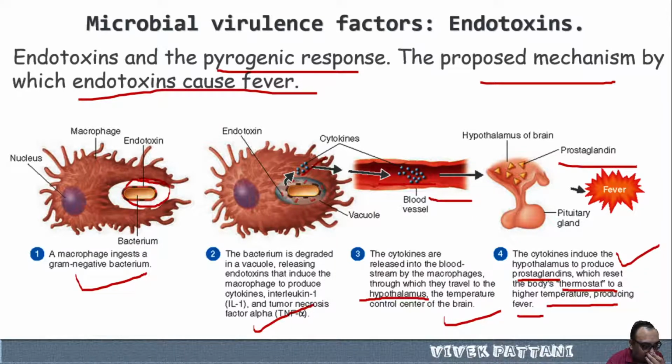It has multiple activities based on its ability to damage cell membranes. For example, it is a hemolysin, and beta hemolysis can be seen around colonies on blood agar incubated anaerobically. Sometimes it also has the action of a leukocidin.